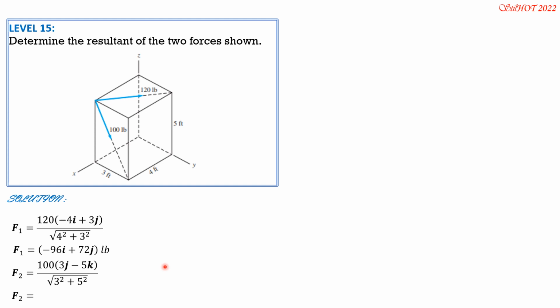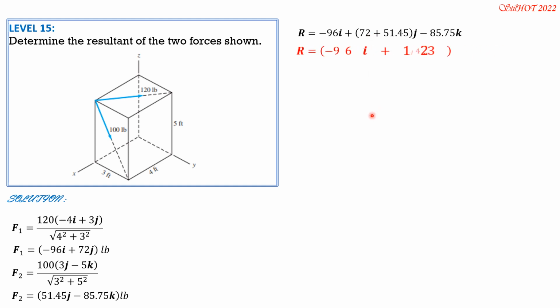So F2 in decimal is 51.45j minus 85.75k pounds. Therefore, the resultant, which is F1 plus F2, is negative 96i plus quantity 72 plus 51.45j, plus negative 85.75k. So combining this, R is negative 96i plus 123.4j minus 85.75k. So that's the resultant.